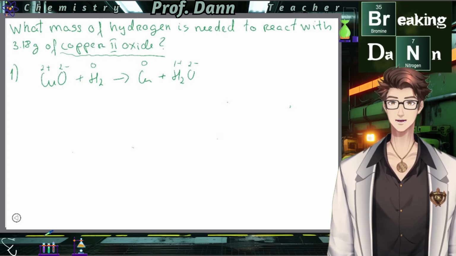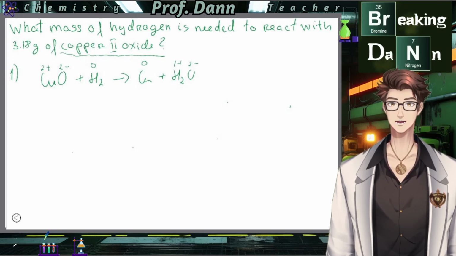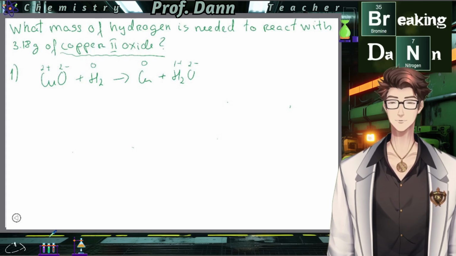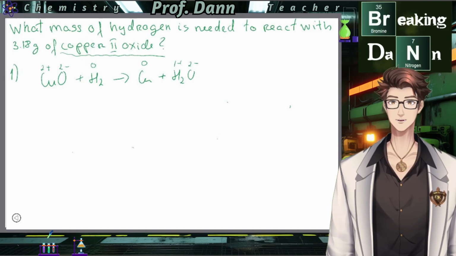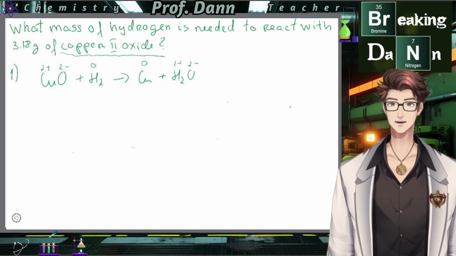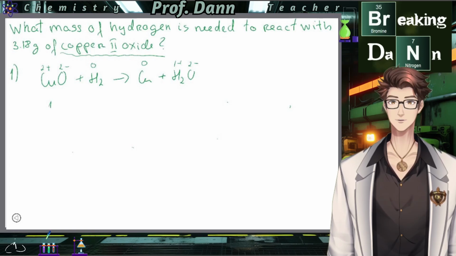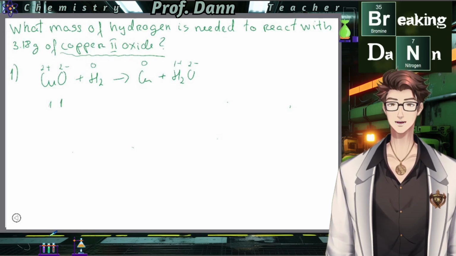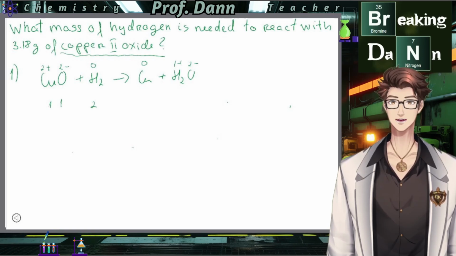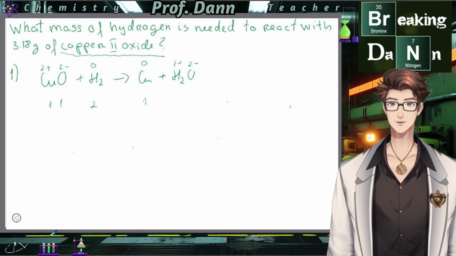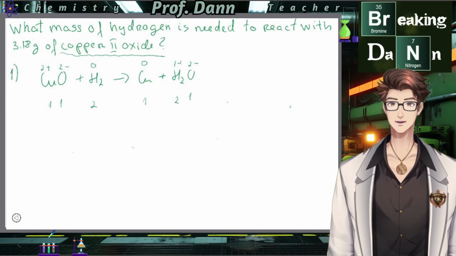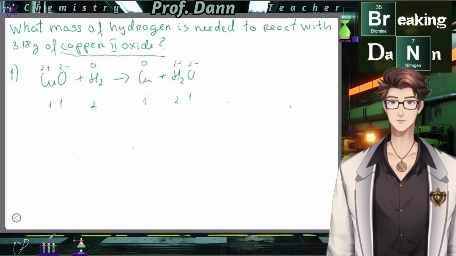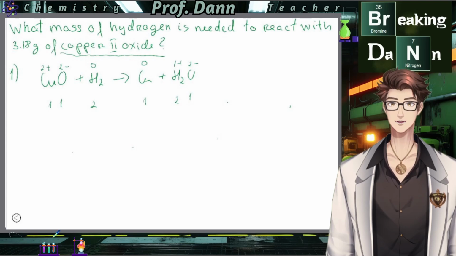If we have the same numbers on either side, our chemical equation is balanced and we can use it for our calculation. So let's check it. On the left side we have 1 copper, 1 oxygen, 2 hydrogens. On the right side we have 1 copper, 2 hydrogens and 1 oxygen as well. So we have the same numbers on either side and our chemical equation is balanced.